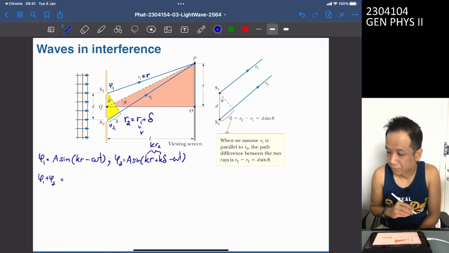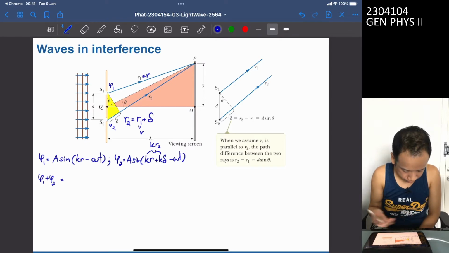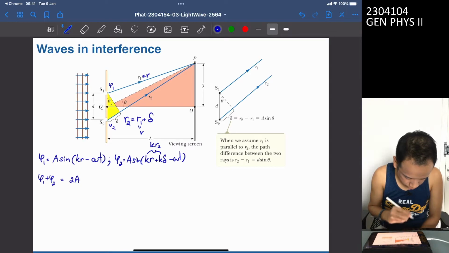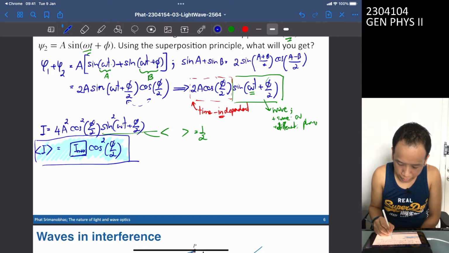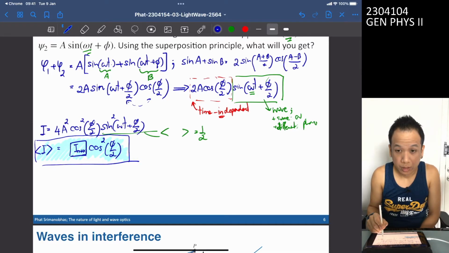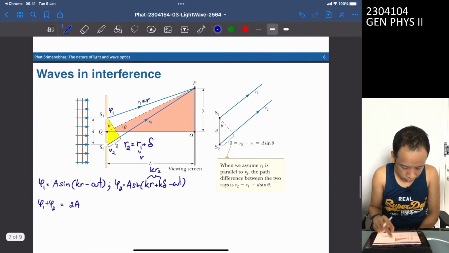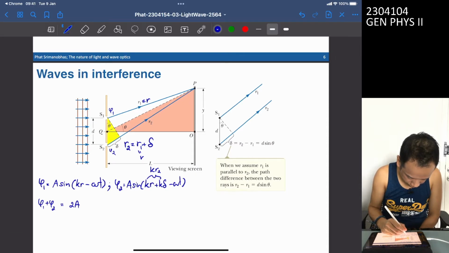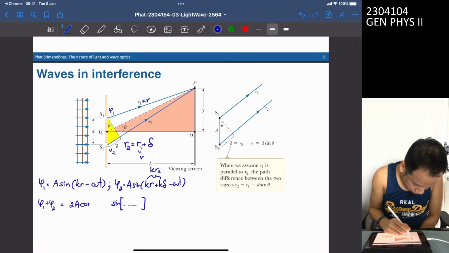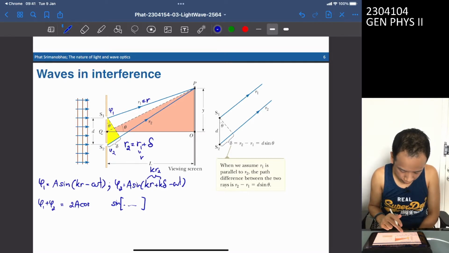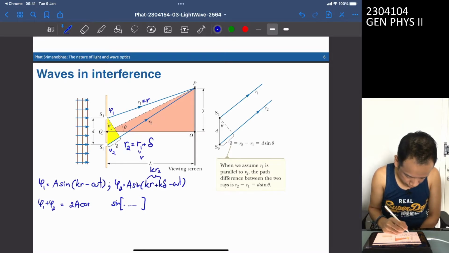Do it in the same way. So you get 2a, just the same. You're going to have the term of psi, which is the waveform, which represents the wave, and you're going to have cosine of k delta over 2, taking the difference.